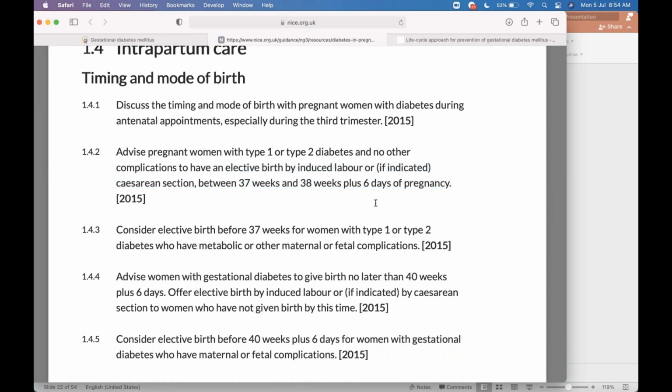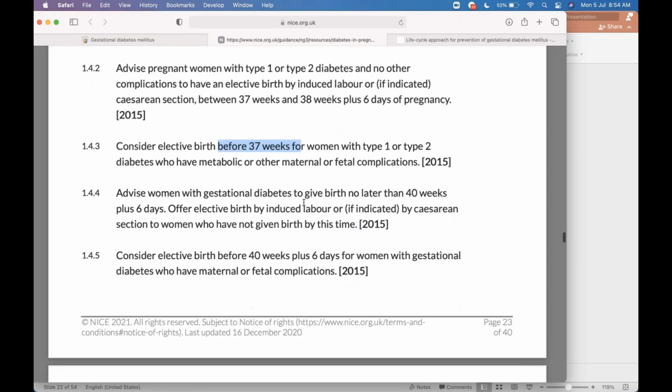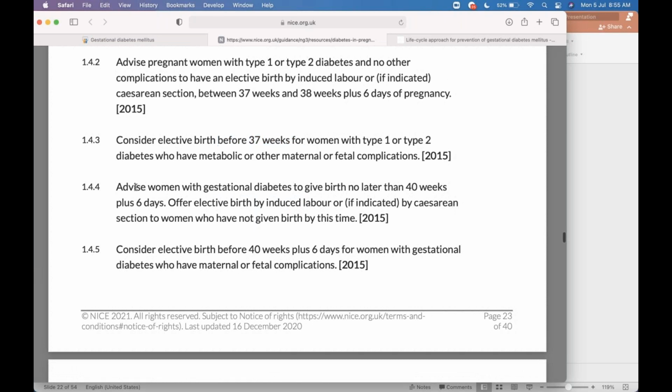So type 1 diabetes, pre-existing diabetes, is not to be continued beyond 39 weeks. And if they have metabolic compromise or fetal or maternal complications, then we would like to deliver the mother before 37 weeks itself. GDM also will not be extended beyond 41 weeks.